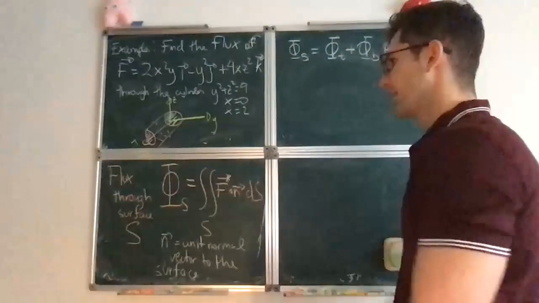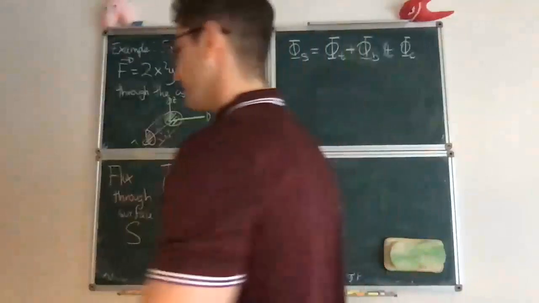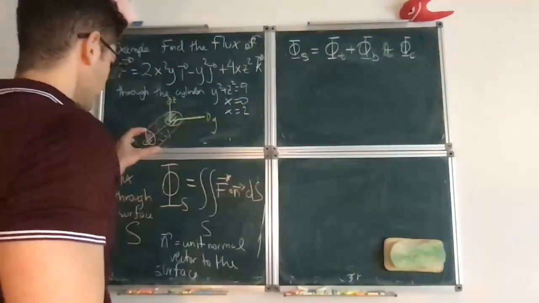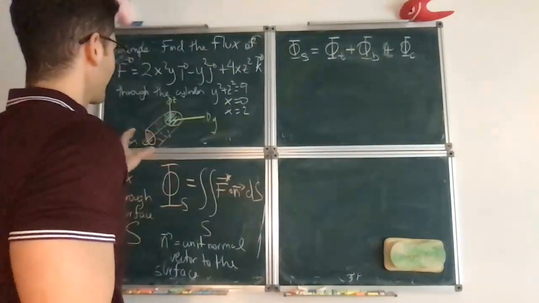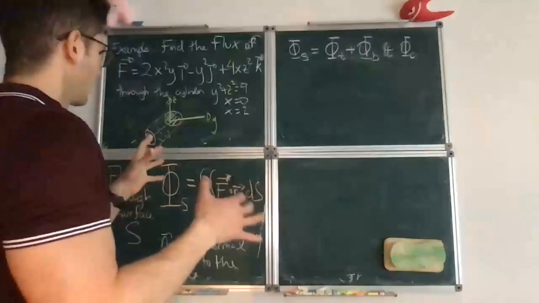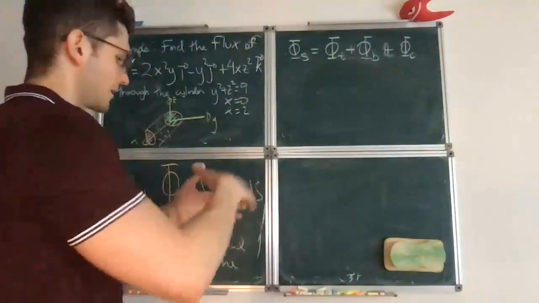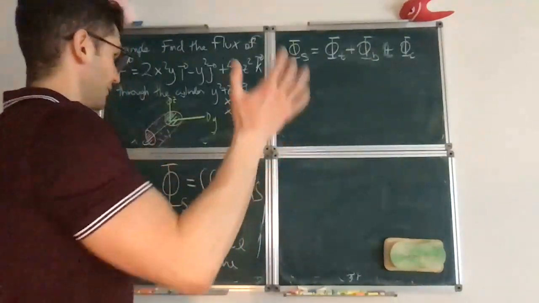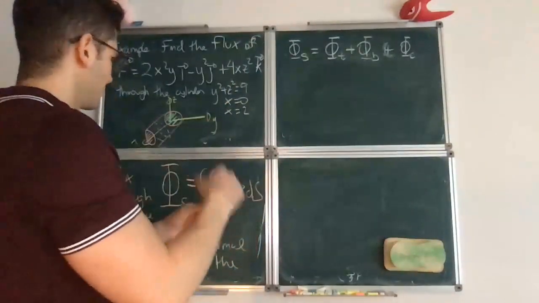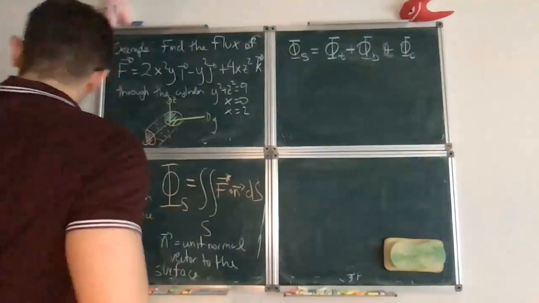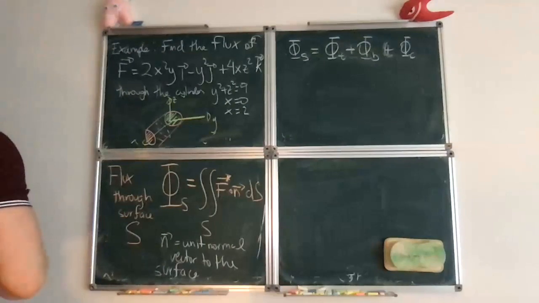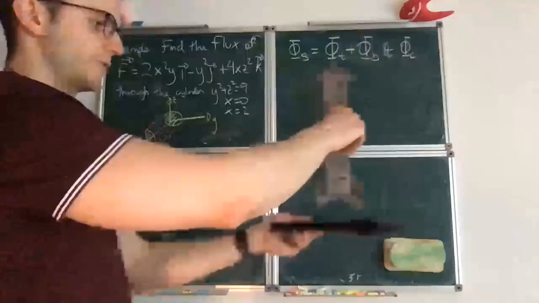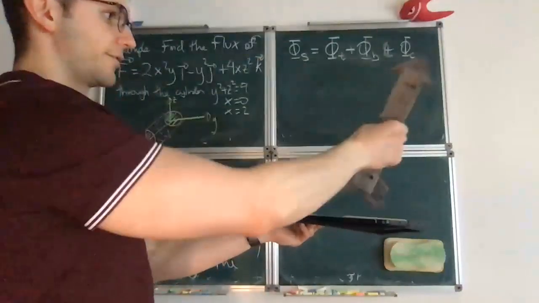Okay, and as usual, you can think of this cylinder as a can of Coca-Cola or something like that. So it's a cylinder. The normal vector, remember that there are always two choices of normal vectors to any surface, because you can always flip it around.